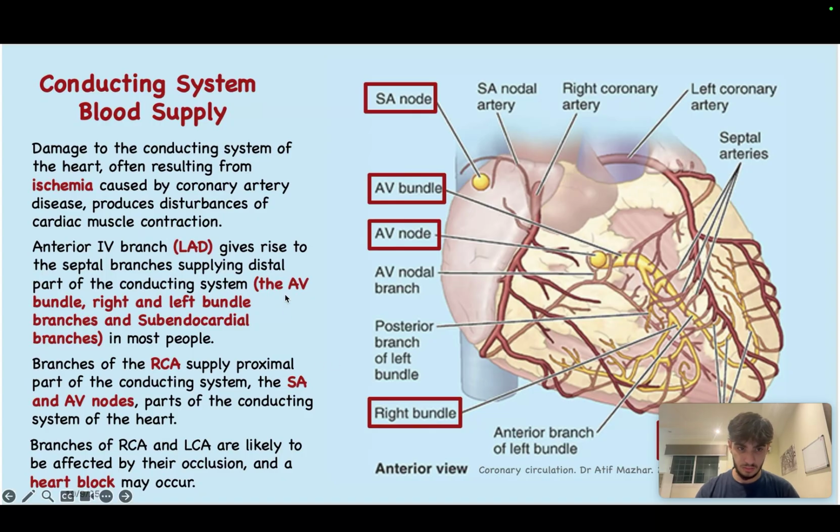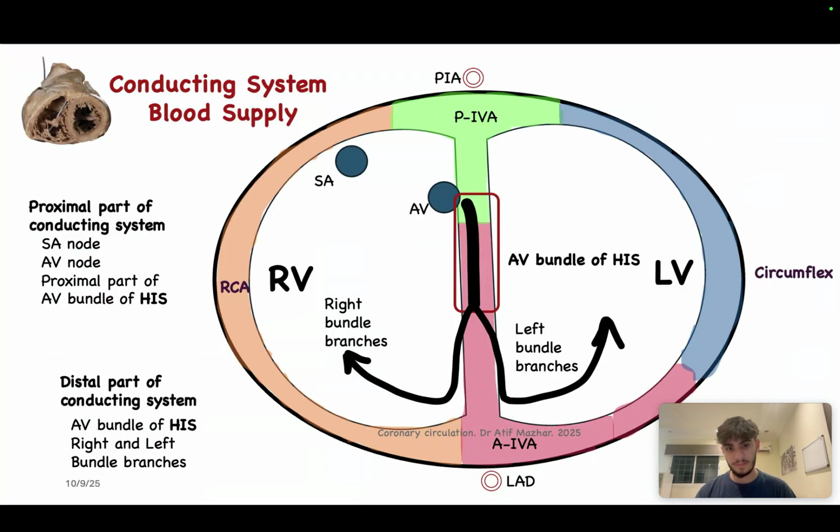What you need to know is that the LAD, or you can also say the left coronary artery, supplies the distal part of the conduction system, being the septum, the Purkinje fibers, and the bundle of His. The right coronary artery supplies the SA node and the AV node. But the conduction system supply is not the same for everyone. It could be different for other people, but this is the more likely case.